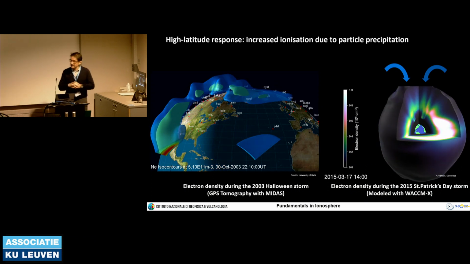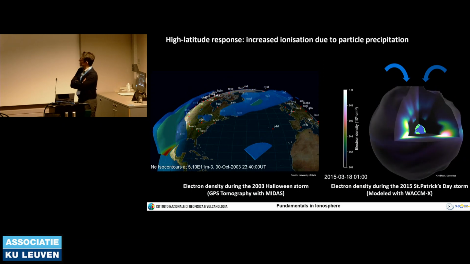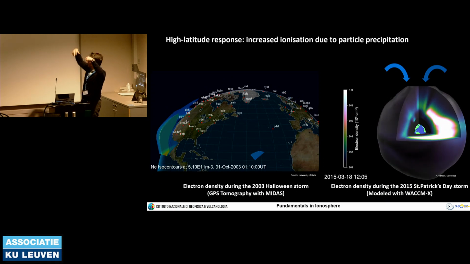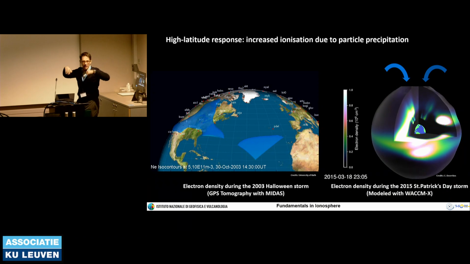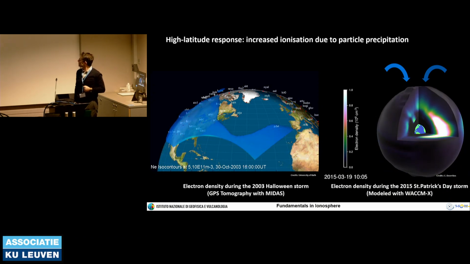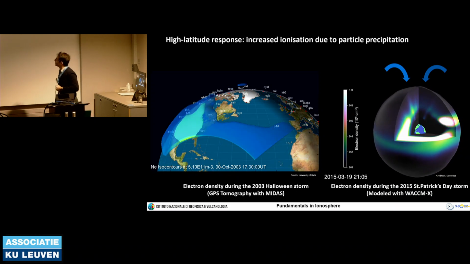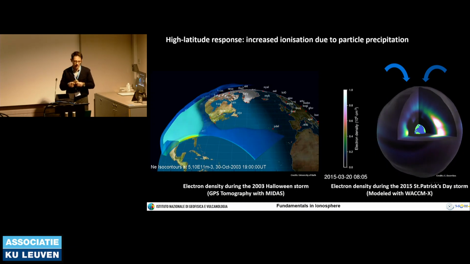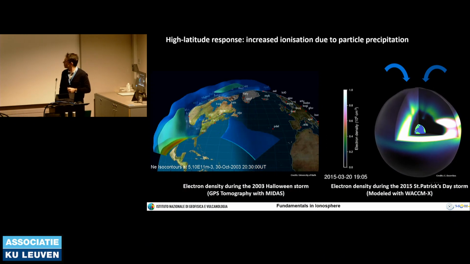And I think those animations speak for themselves, because you see there is an increase of ionization, an increase of particle precipitation, and waves that start to affect the rest of the ionosphere. The peak here has already passed. These are probably the most studied storms of the past, together with the September 2017 storm.